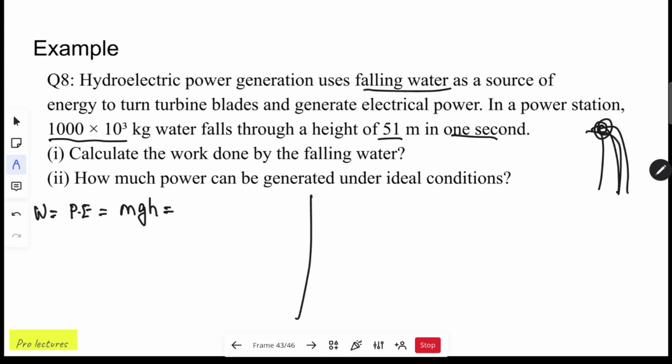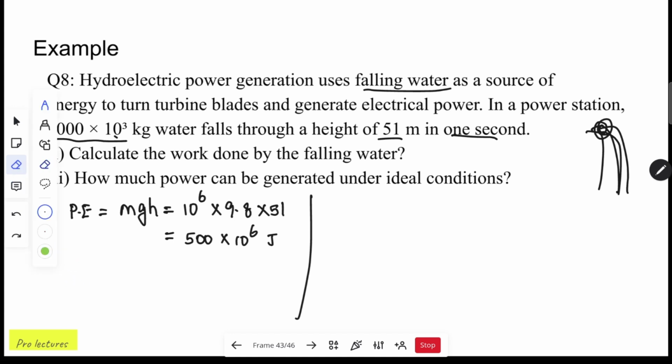So mgh: 10 power 6 is the mass, 1000 into 10 power 3, acceleration due to gravity 9.8, height is 51 meter. So this will come around 500 into 10 power 6 joules. So all of this potential energy will be converted into work in moving this turbine blade. Therefore, you see, I didn't directly equate it.